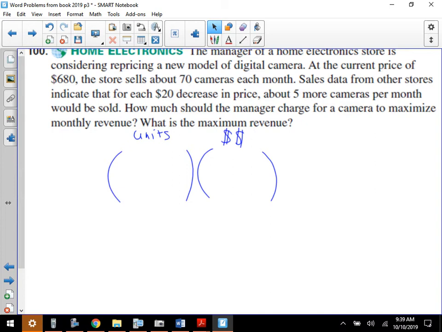Anyway, so we sell 70 of them at $680 a pop. Okay. They say then for every decrease in $20, you'll sell 5 more. So for every decrease of $20, the x represents the number of times it's decreasing, and you get the number of times it's going to increase over there.